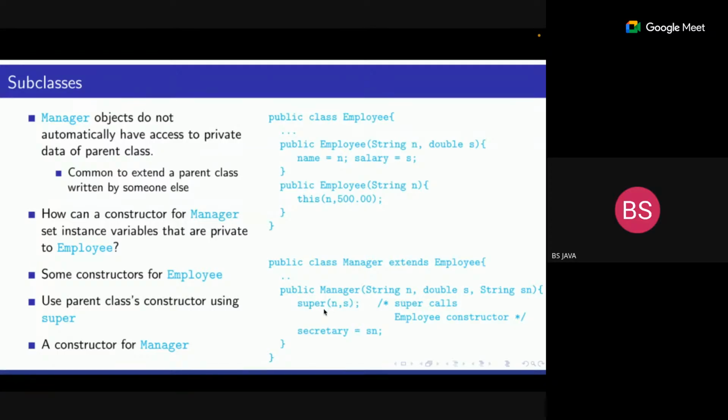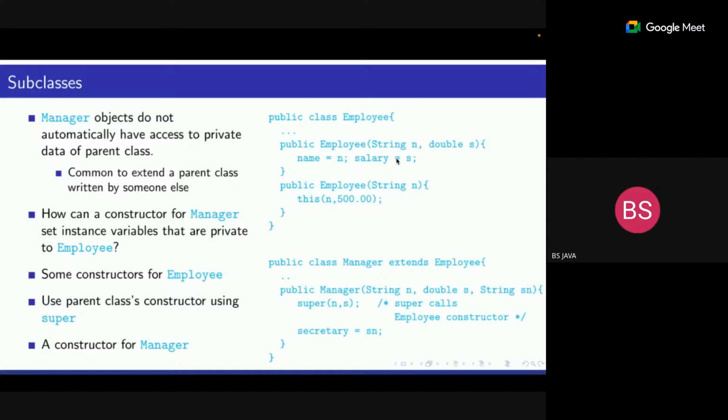When you create the object of manager, you write m is equal to new manager, giving three values for name, salary, and secretary. How is it going to set the values? For name and salary, it will call super of n comma s, and this super call will actually call the two argument constructor of the parent class.